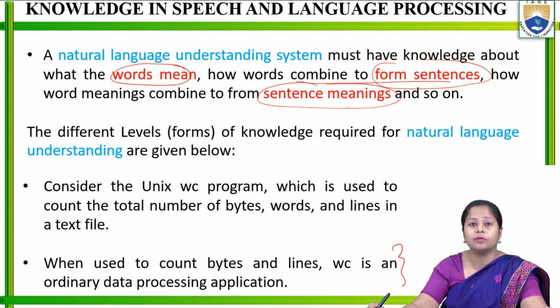It calculates the number of bytes, words and lines, but it cannot interpret the grammar, the sentence meaning or the word meaning. So it is only used for processing words or sentences, we can say lines, and it also gives the total number of bytes.